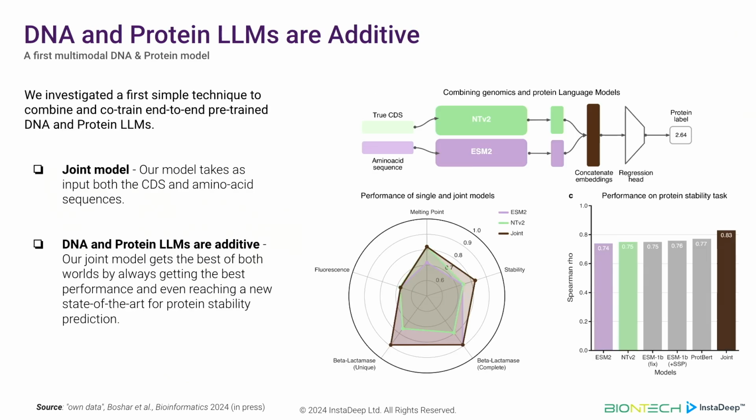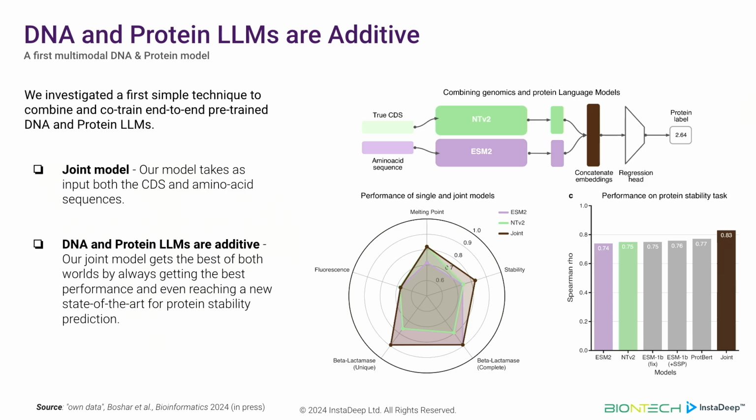More interestingly, we show that these two models are actually additive. If for a protein task you have access to the true CDS and the amino acid sequence, you can take a model trained on genomes and a model trained on amino acid sequences, combine them, even in a very simple way, and fine-tune this model end-to-end.